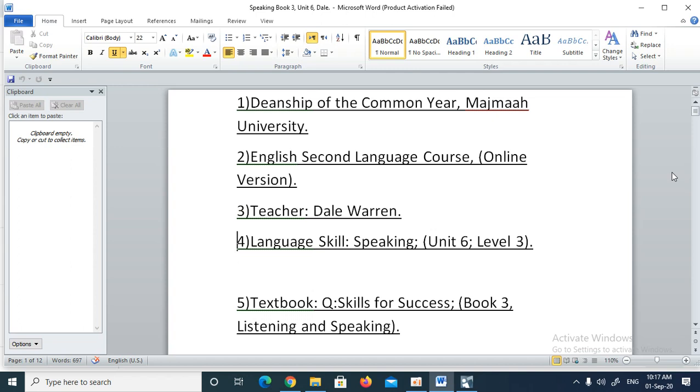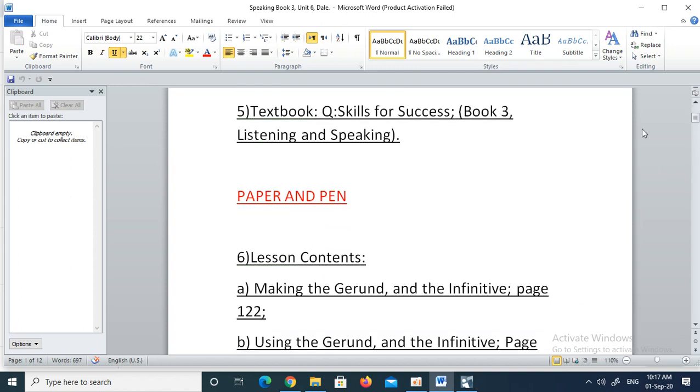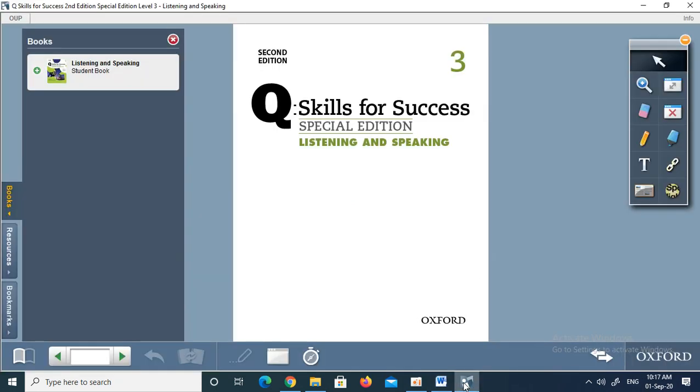And today we are going to be doing Unit 6 of Level 3. We are using our normal textbook, Q Skills for Success, Book 3, Listening and Speaking. This one, which you should all be very familiar with by now, the one which has the green picture, as you can see on the icon in the left-hand corner.